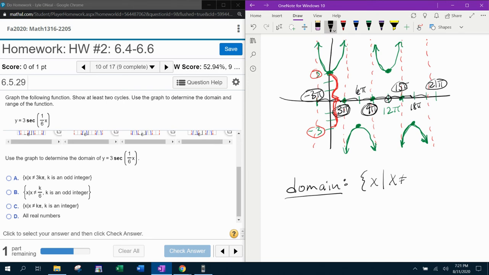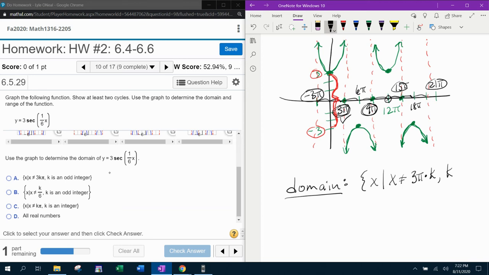So let's see, in order for that to work, we're going to say x cannot be 3 pi k, and then we have to determine k. Now, if k is 1, 1 times 3 pi is 3 pi, gets me the first asymptote.